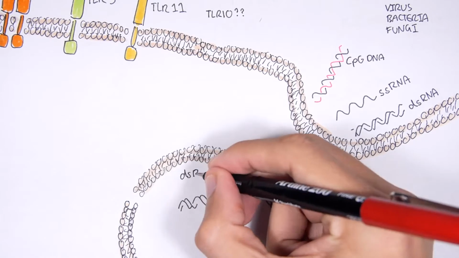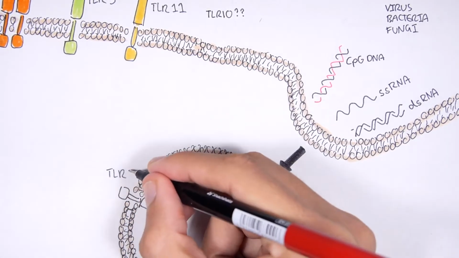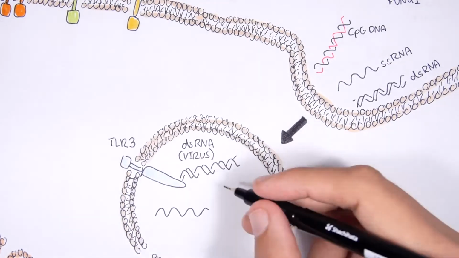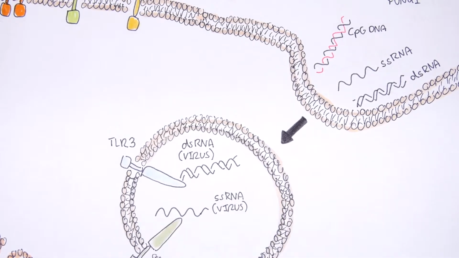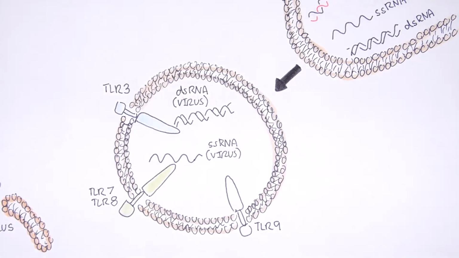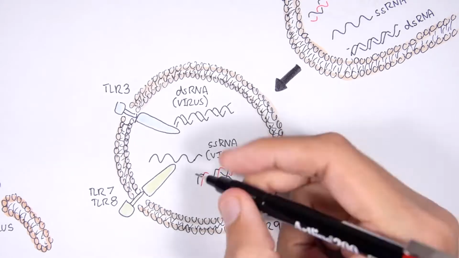Toll-like receptor 3 recognizes and is activated upon contact with double-stranded RNA of viruses. Toll-like receptor 7 and toll-like receptor 8 are activated upon contact with single-stranded RNA of viruses. Toll-like receptor 9 recognizes and is activated upon contact with CpG DNA of bacteria and fungi, for example.